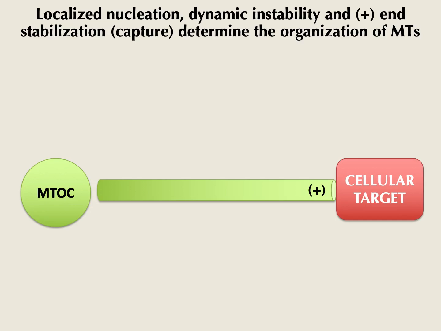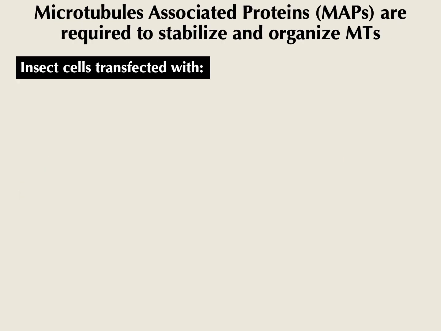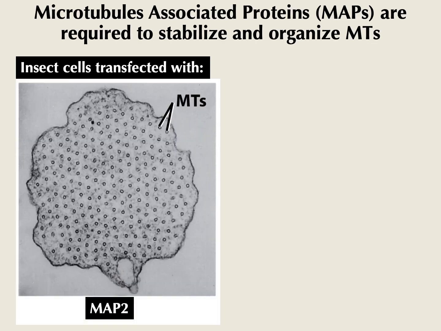And this could be determined by a few examples. So, for example, I'm just going to go through a couple of illustrations of this idea. You transfect insect cells, like S2 cells from Drosophila, with microtubule-associated proteins from, say, vertebrate neurons, like MAP2. You get this: microtubules are forming a bundle.